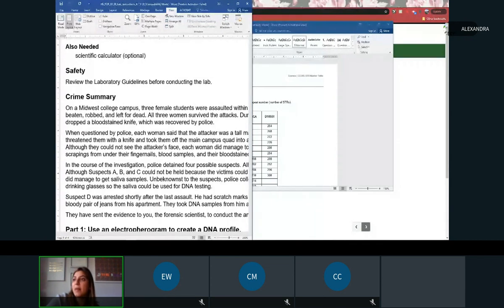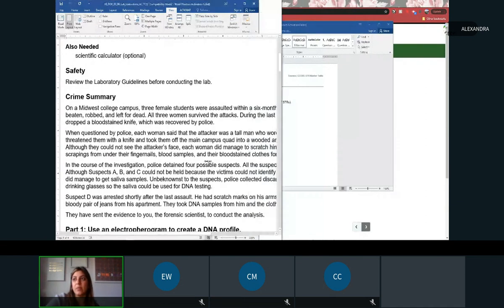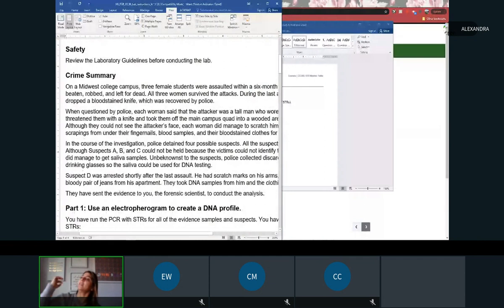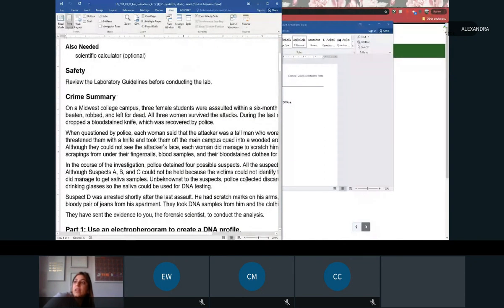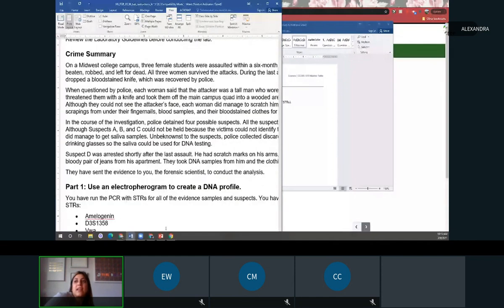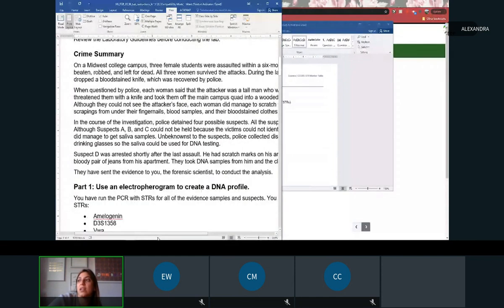on your own. But like we said, we know that the story goes that on a Midwest college campus, 3 females were assaulted within 6 months, and they found a bloodstained knife. When they were questioned, they said the attacker was a tall man who wore gloves and a mask, and he threatened them with a knife and took them off a main campus quad into a wooded area where he beat them.